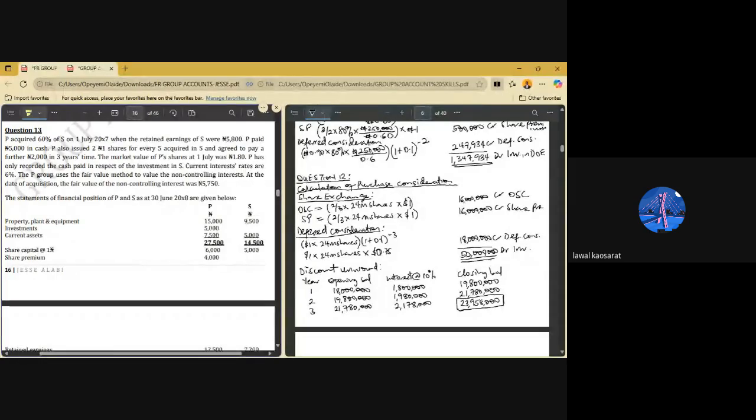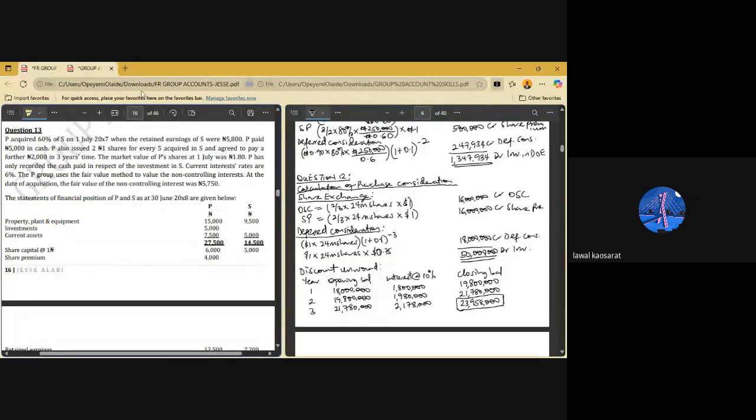The P group used the fair value method to value the non-controlling interest. At the date of acquisition, the fair value of the non-controlling interest was 5,750. The statements of financial position of P and S as at 30th June 2008 are given below.